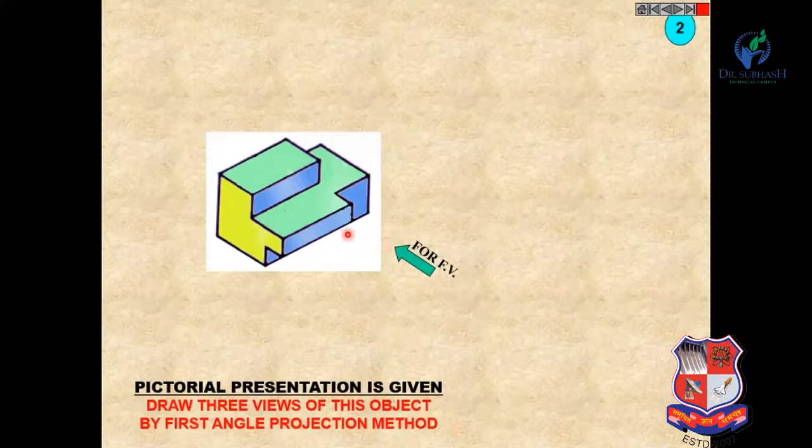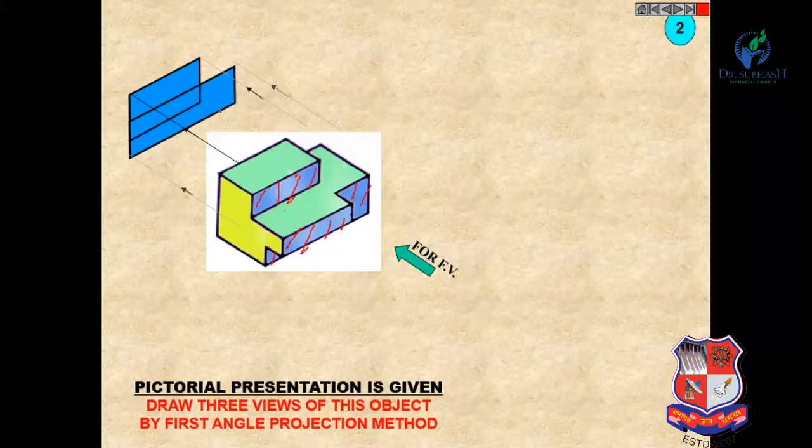Similarly in first angle projection method, from the front you can see this portion and bottom of this part, top and bottom. So it's our front view.